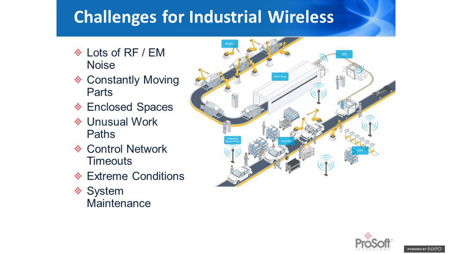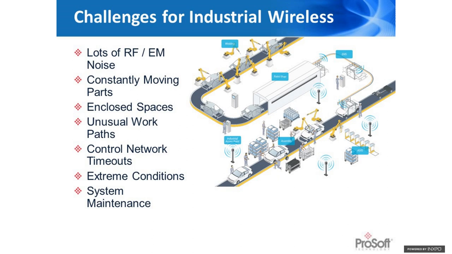We have parts that are constantly moving around. The automotive manufacturers will refer to these things as doors or chassis or cars. In the RF world, we refer to them as reflectors because they tend to do a really good job of bouncing RF waves all over the place in ways that we don't necessarily detect when we first look at the RF environment.